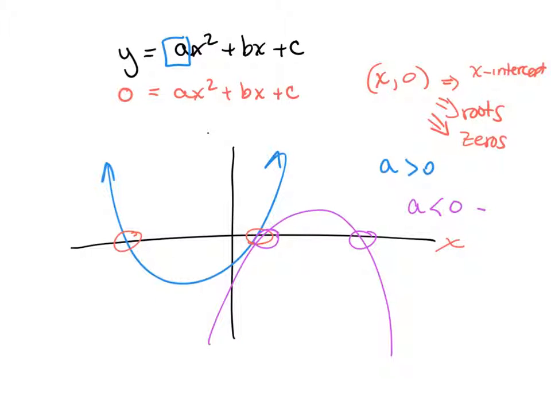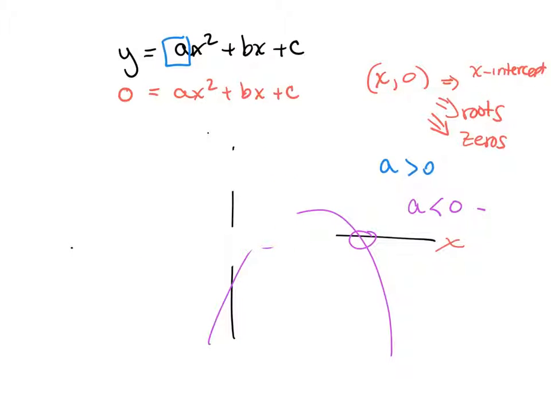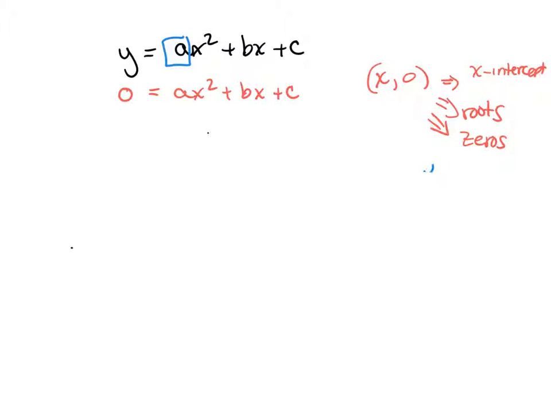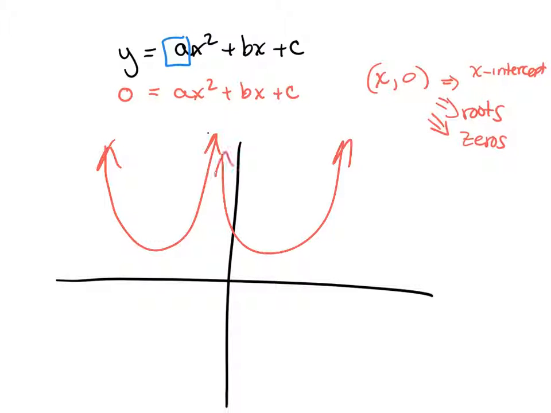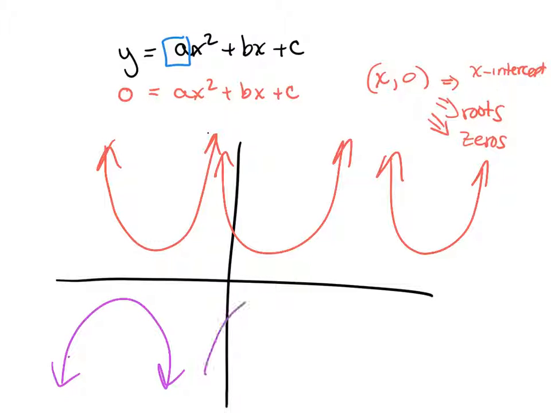But there are also other instances where the zeros of the function are not just one number, are not two numbers, but they can end up being no solution, which would mean you have a parabola that opens up and never crosses the x-axis, and it could look anything like this in any location really, or if it opens down, similarly never crosses the x-axis.